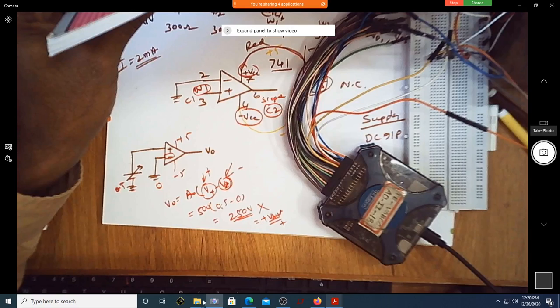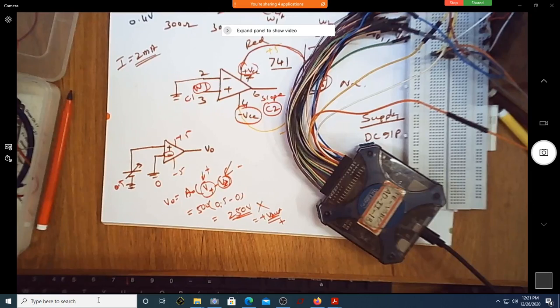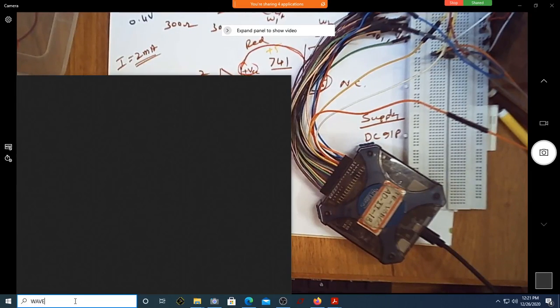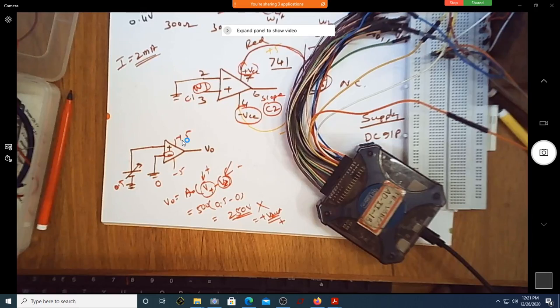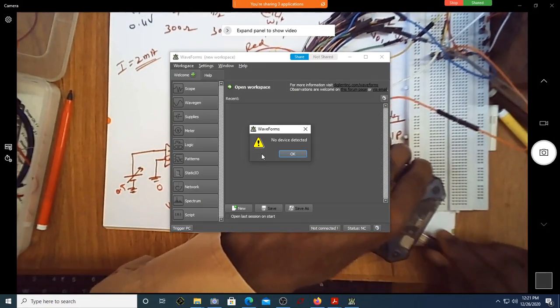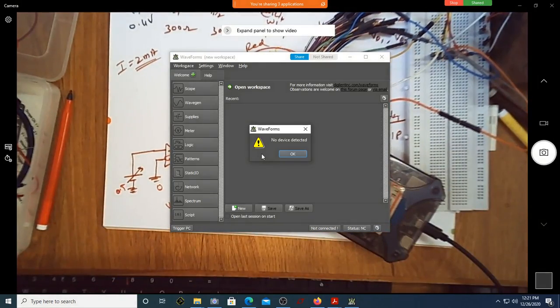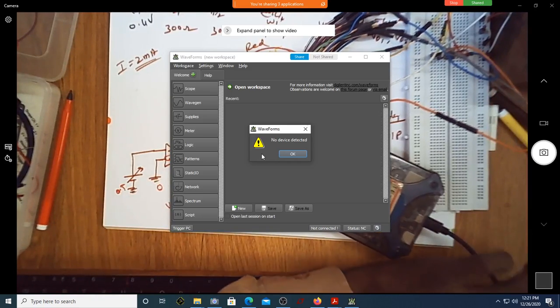Where is my waveform? The device has to be selected. No device selected. Why is it showing no device selected? Let me just select it. Is it not connected? It's connected.